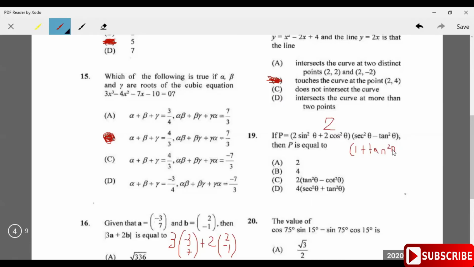That's another identity. And so 1 plus tan square theta minus tan square theta is just 1. So it works out to be 2 times 1, and 2 times 1 is just 2. Easy question. Option A. Soft. Easy.